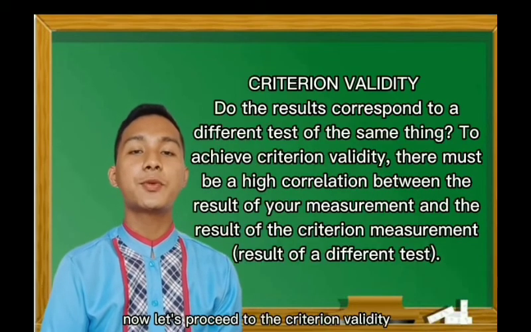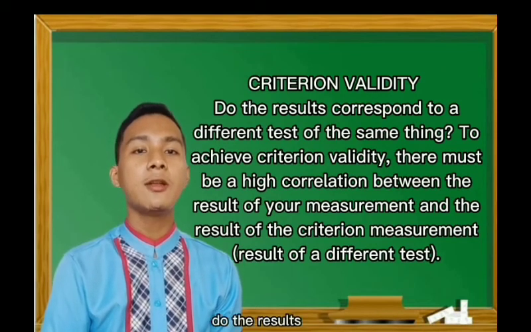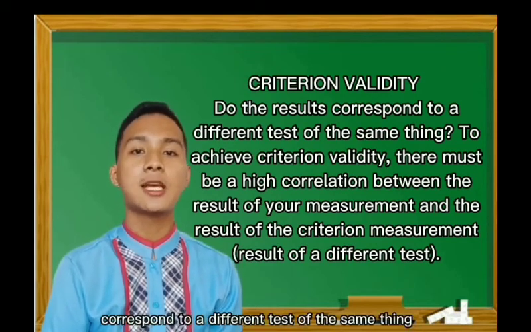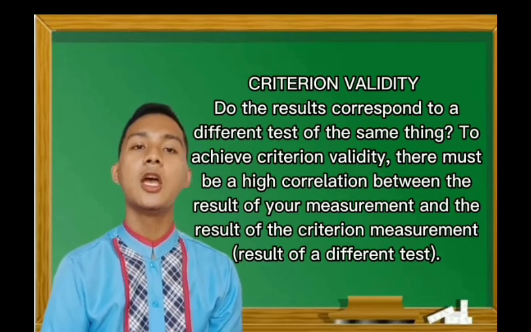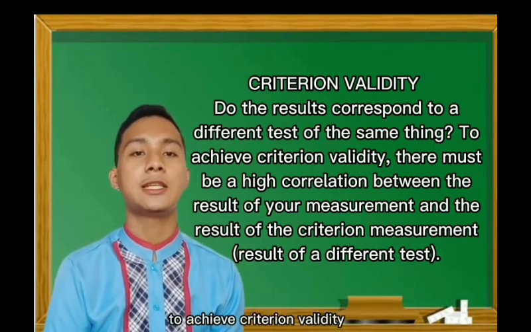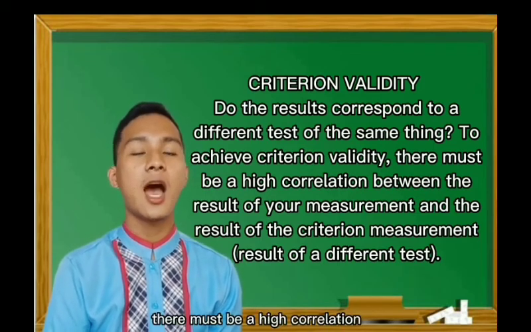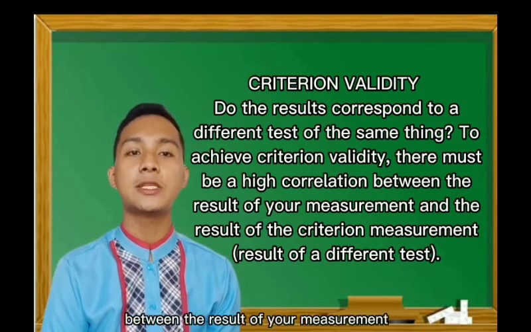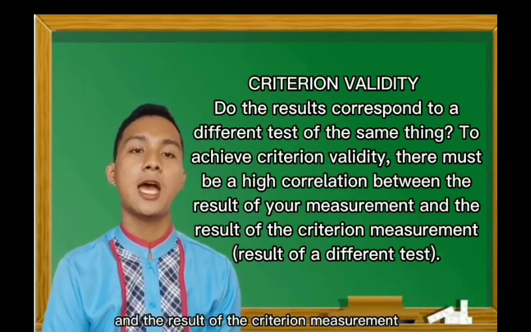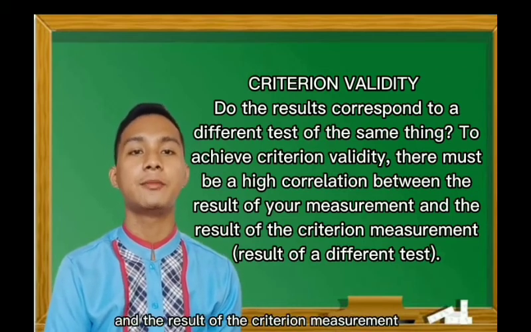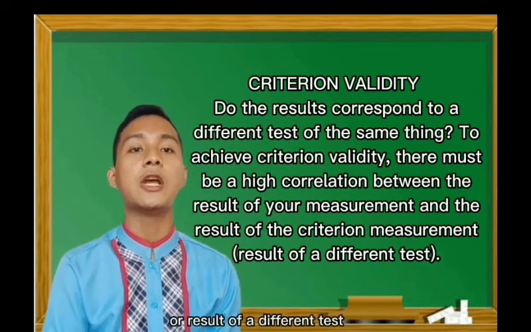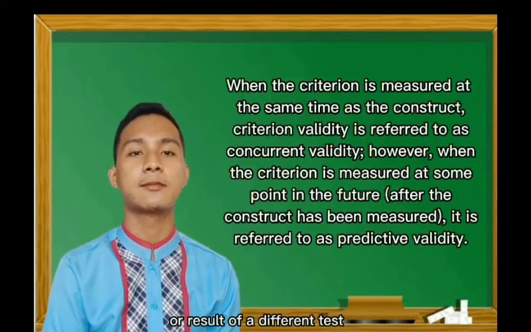Now, let's proceed to criterion validity. Do the results correspond to a different test of the same thing? To achieve criterion validity, there must be a high correlation between the result of your measurement and the result of the criterion measurement, or result of a different test.